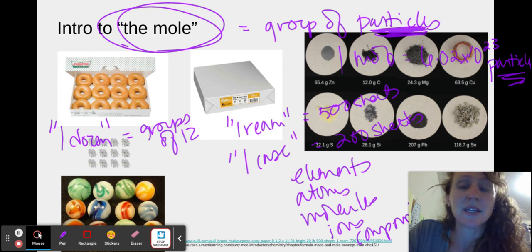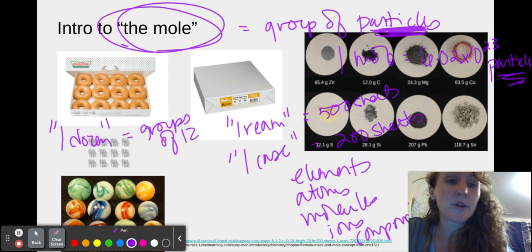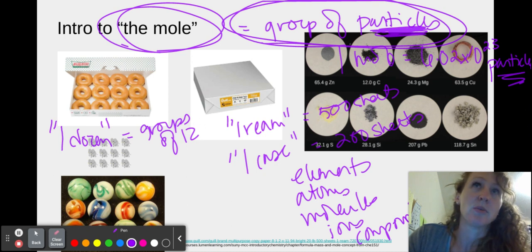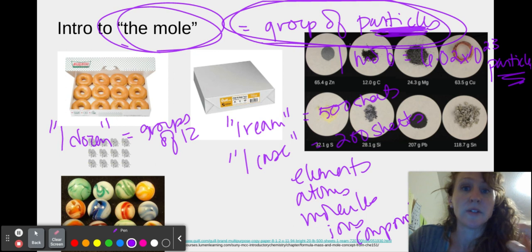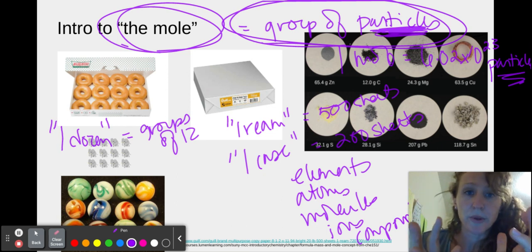Well, the same thing is the mole, because the mole is just a group of particles or a group of things. I could have a mole of donuts. I mean, I couldn't actually have a mole of donuts because that'd be a lot of donuts. But theoretically, I could talk about a mole of donuts or a mole of elephants or a mole of marbles or a mole of sheets of paper. It's just referring to a group.